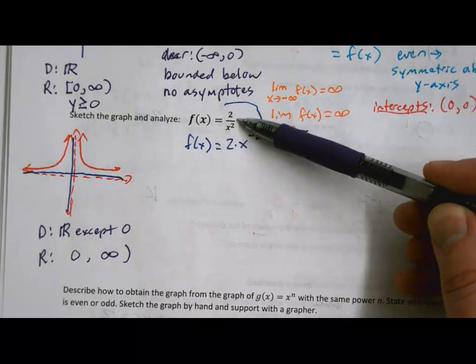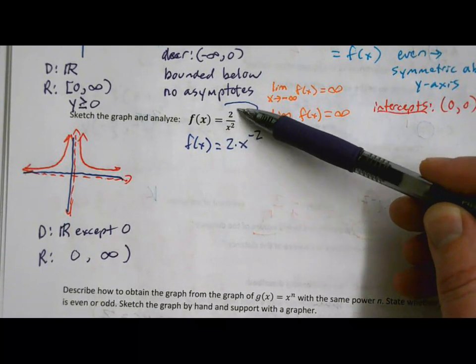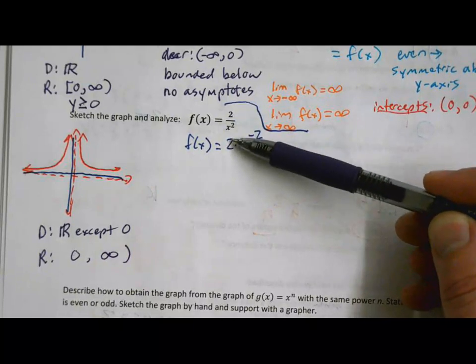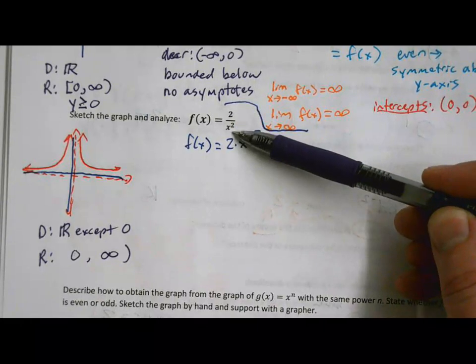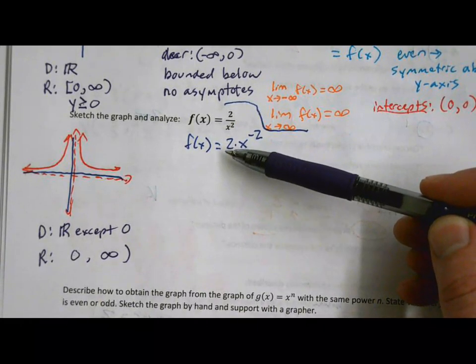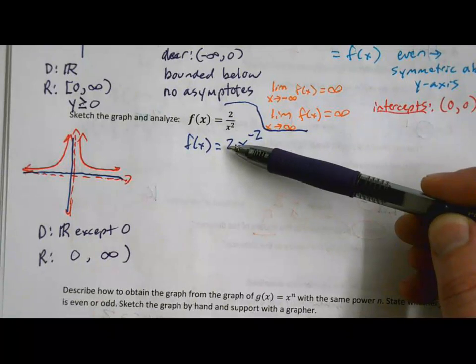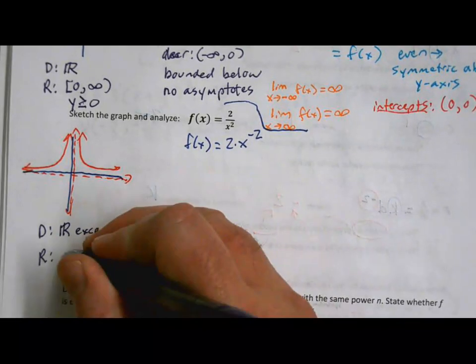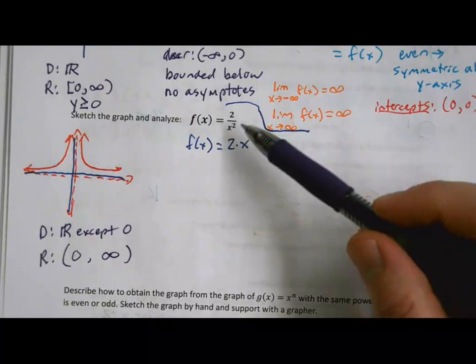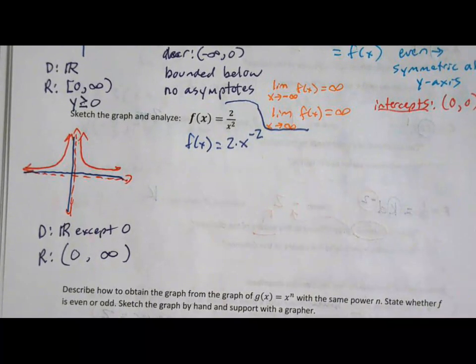Is there any way I can put in a number for x and get the function to equal 0? Can you take 2 and divide it by something and get an answer of 0? Ever? No. You can't divide 2 by something and get 0. So 0 is not included because there's no way we can get a y value of 0 out of this equation.